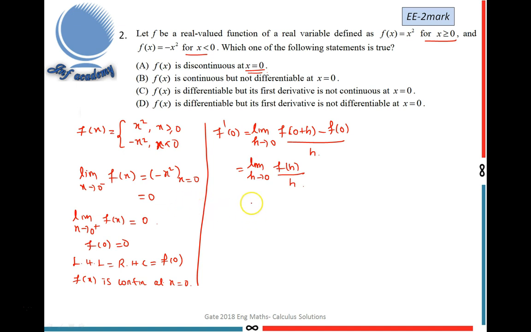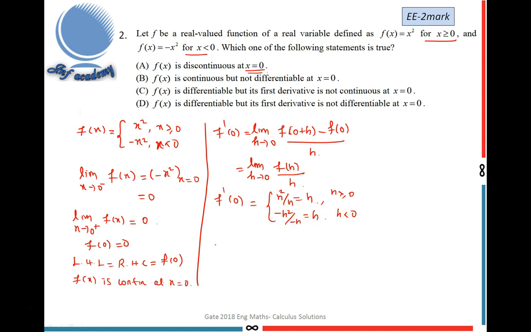In this case, f of h has two intervals given, x greater than or equal to 0 and x less than 0. For the x greater than or equal to 0 condition, we get f of h is h square by h, so this is h. For the x less than 0 condition, we put minus h: minus h whole square, minus h square, divided by minus h, because h is less than 0.